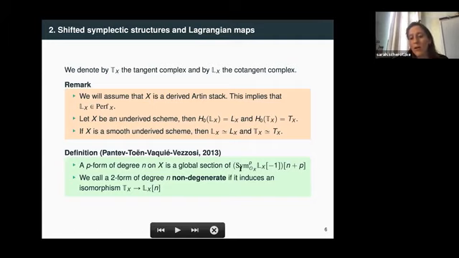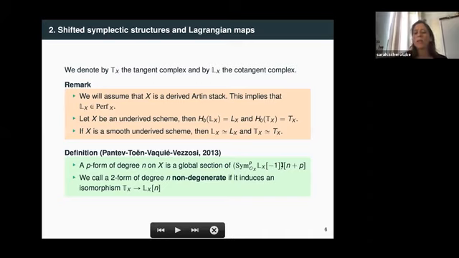We take the pth symmetric power over O of X of the cotangent complex, not the cotangent sheaf, shifted by -1. And this complex is then shifted by n plus p, where n is the degree and p is the form.